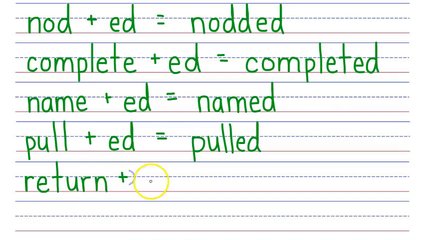If we want to make this action word happen in the past, we add ed to it and get returned. This is another word where ed says D. So returned is spelled R-E-T-U-R-N-E-D.